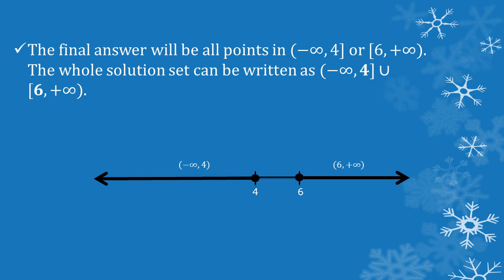We use brackets beside 4 and 6 since we have a greater than or equal inequality sign, and this means that we have to include 4 and 6 as test points. So we're using closed intervals.